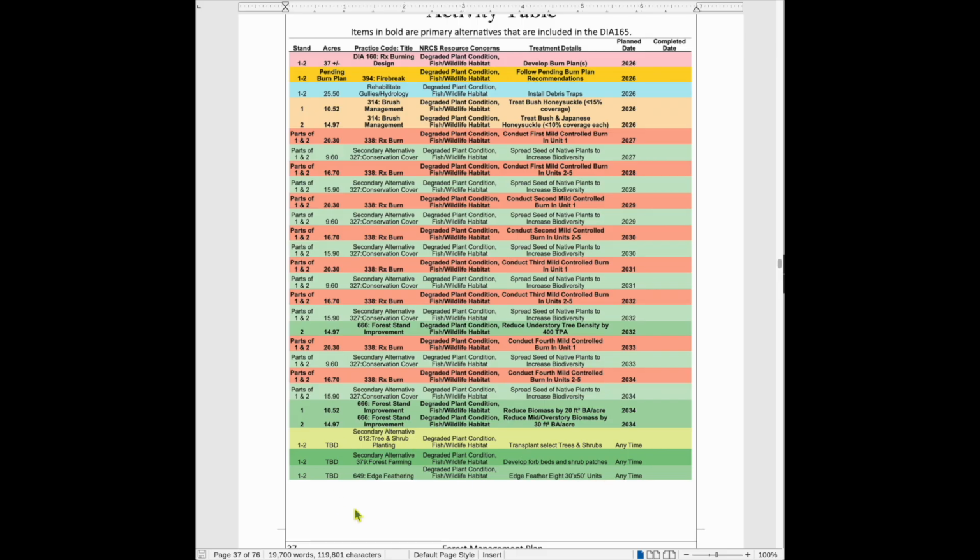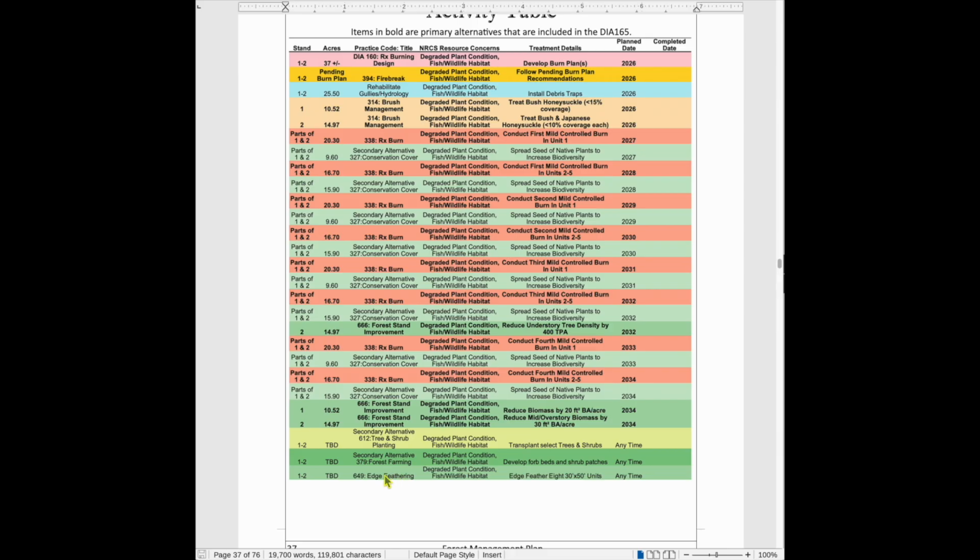And then these last three practices are just alternatives that you can do anytime on any size place, and it's plant trees or shrubs. Forest farming, so that would be planting like ginseng or black cohosh or pawpaw.